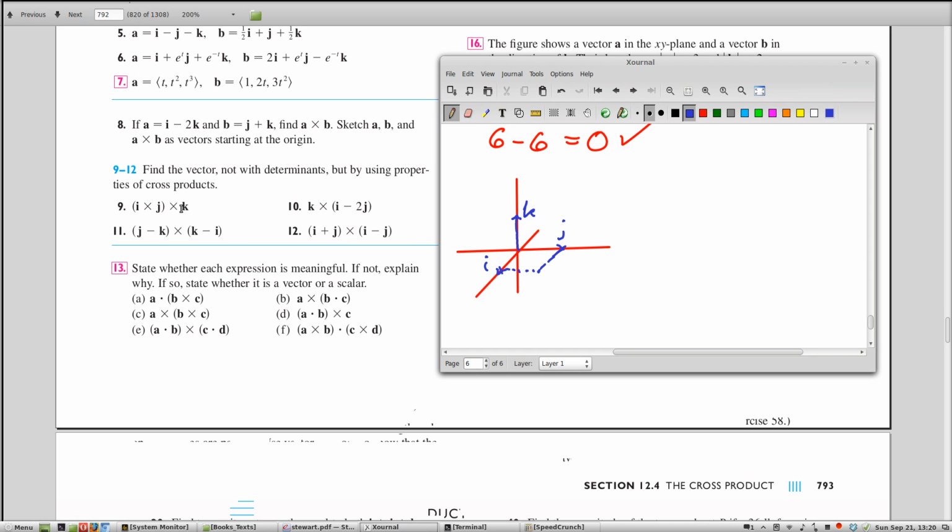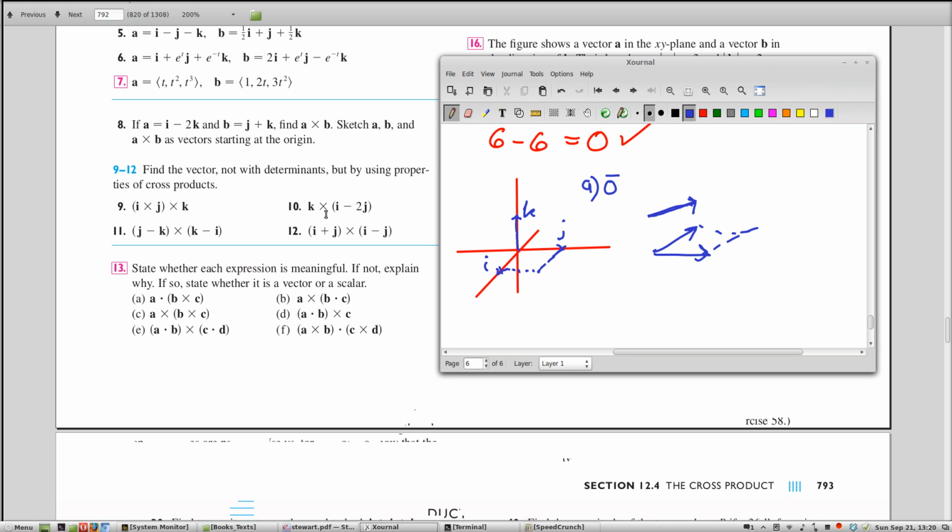So this becomes k cross k, and that is 0, because if you look at the area of the parallelogram that's spanned by k and k, it's a totally degenerate parallelogram, because these two vectors are the same. So you see how it just kind of collapses down on itself when they're the same. And so the answer to 9 is 0. It would be the 0 vector, though. So it's a vector with magnitude 0, and so it's just the 0 vector.